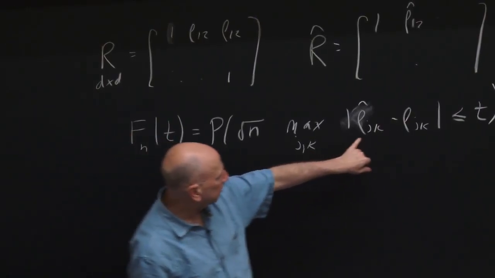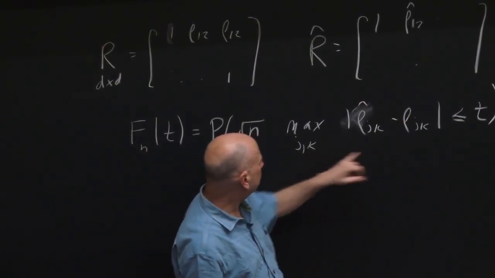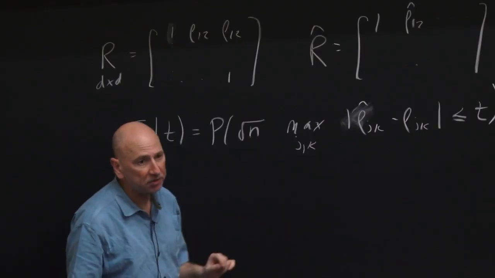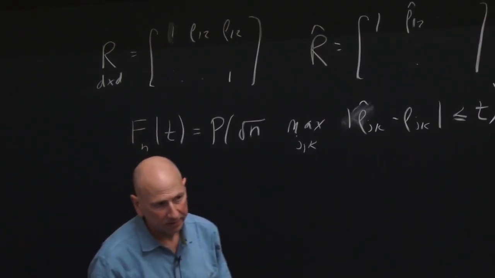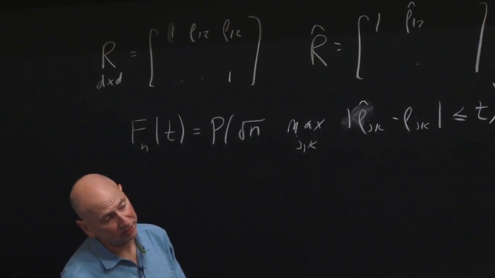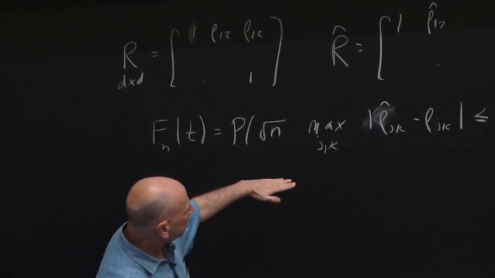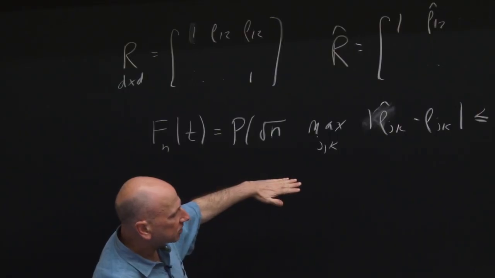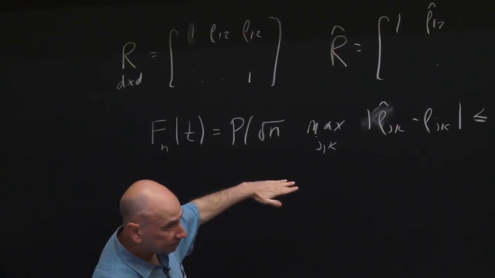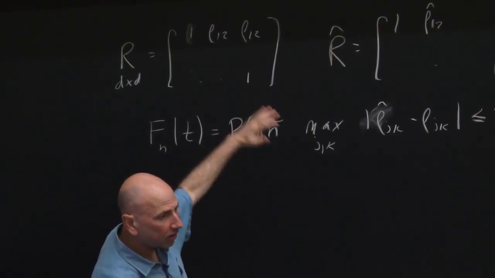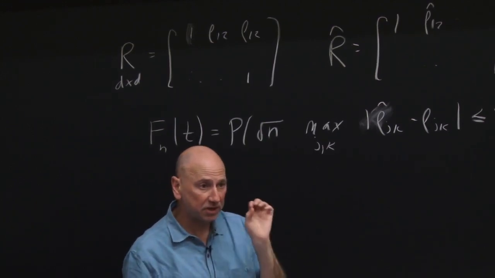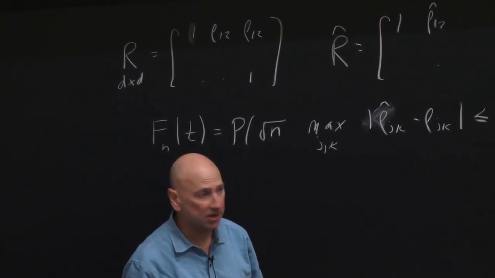I'm looking at the difference between the estimate and the truth, and I'm taking the maximum over all of them. And it's really important that I'm taking the maximum. I'll explain why in a minute. It's important for theoretical reasons and for practical reasons. The practical reason is this allows me to construct a confidence rectangle, hyperrectangle, or hypercube around all of the rows, which also gives me a confidence interval for each individual one simultaneously.